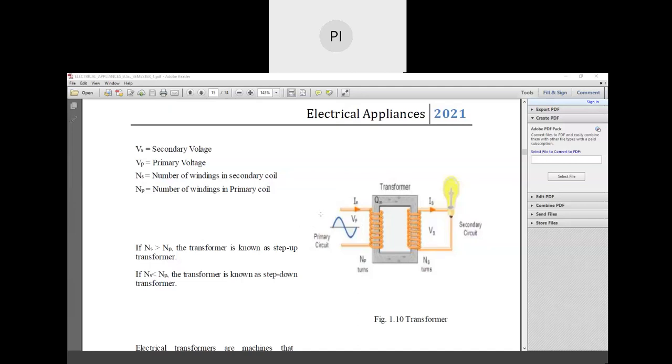For example, if you apply 230 volts here, then in a step down transformer the output may be 100 volts or something, depending on the number of turns. That varies. So this type of transformer is called a step down transformer.